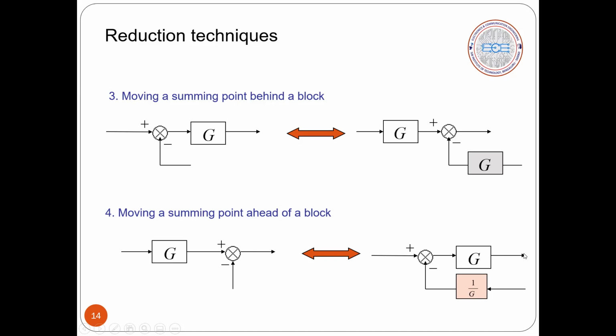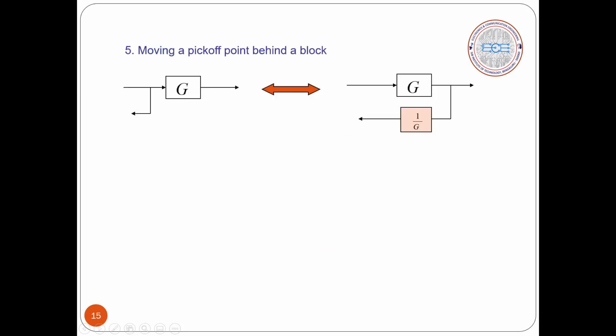That G we are trying to cancel here. So if you take 1 by G, multiplied by G happening here, it will get cancelled. So you will get whatever signal you were getting.